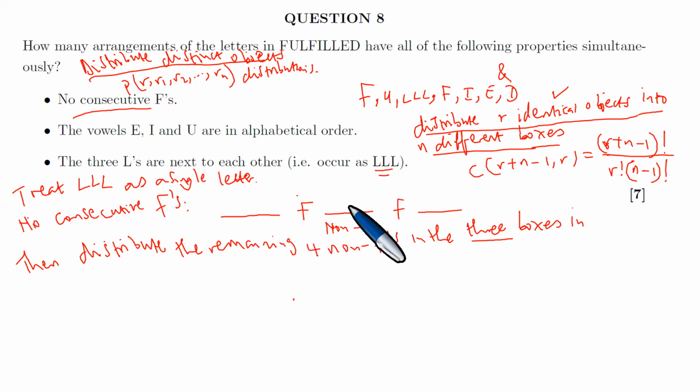So this is a box and a box and another box. So into n different boxes, this can be written as 3 plus 4 minus 1, 4 here. So obviously we're dealing with R identical objects, looking at how many identical objects are there in the 3 boxes.